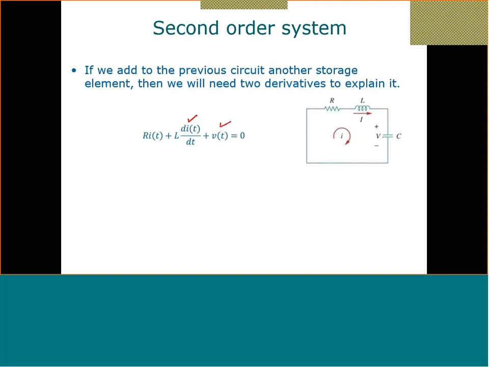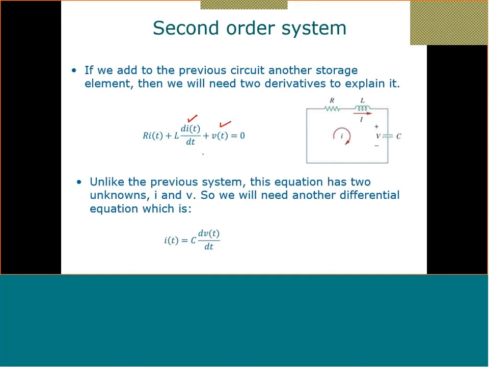So I cannot actually solve this equation because we have two unknowns. So we have another equation, which is I equal to C dV by dt. So the current that goes through the capacitor is C dV by dt.